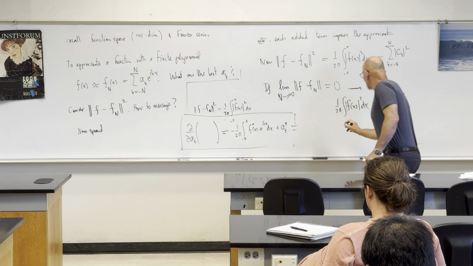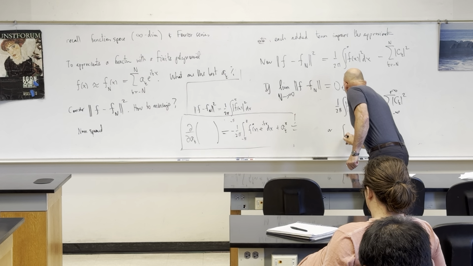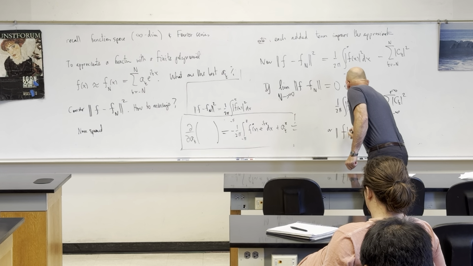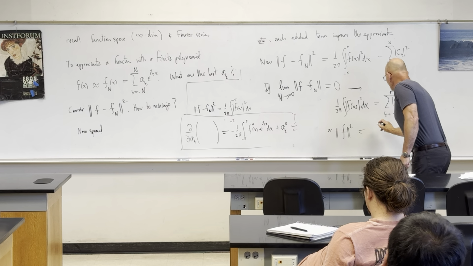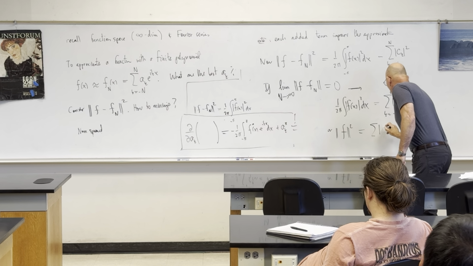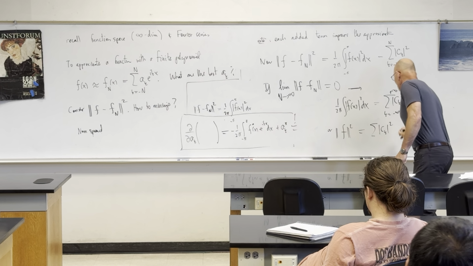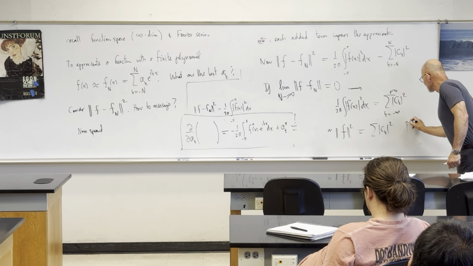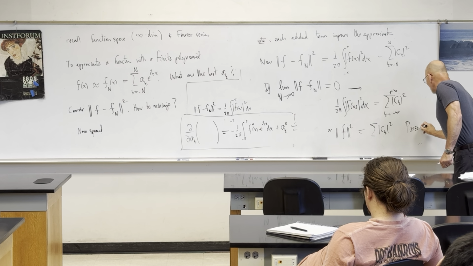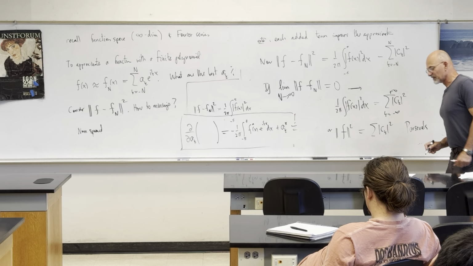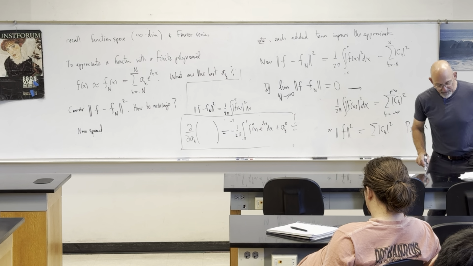Or I can write it this way: norm of f squared equals the sum over c sub k squared. That's Parseval's identity.